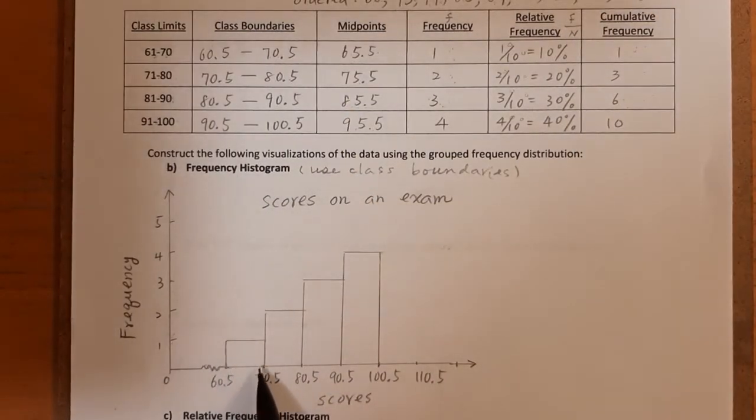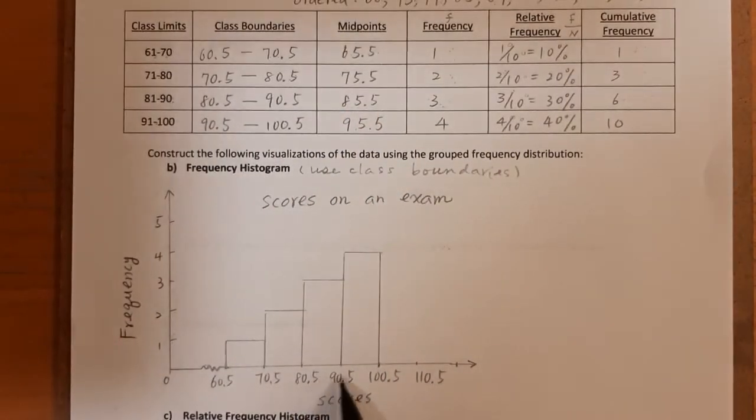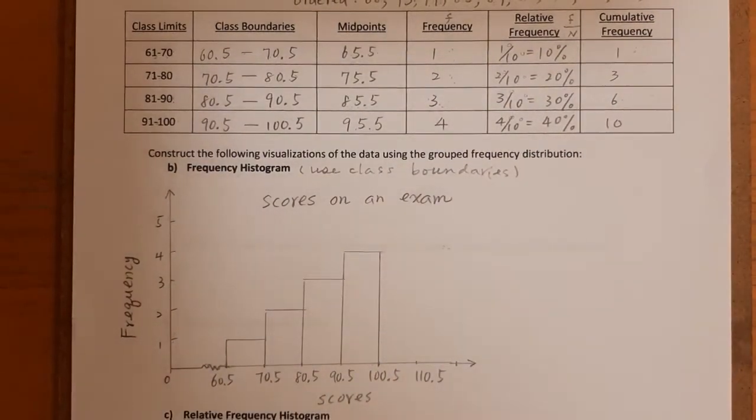Those lengths should be equal lengths. Add 10: 70.5, add 10: 80.5, add 10: 90.5, add 10: 100.5, add 10: 110.5. So those lengths should be equal.